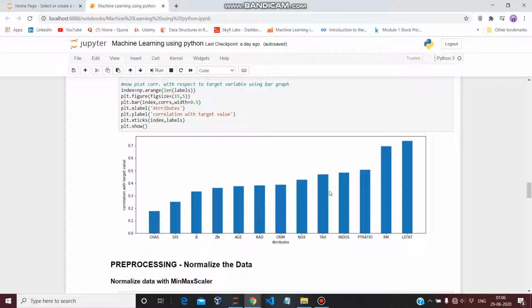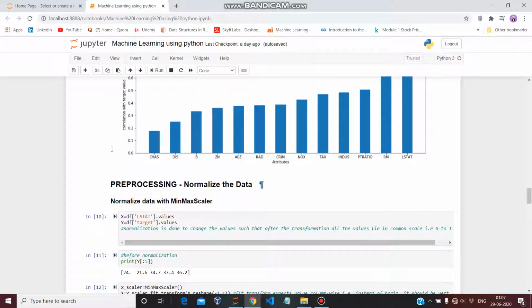LSTAT stands for percentage population of lower status people, and RM means number of rooms. Basically, the more the number of rooms, the more the price of the house. And LSTAT is highly correlated with our target value.